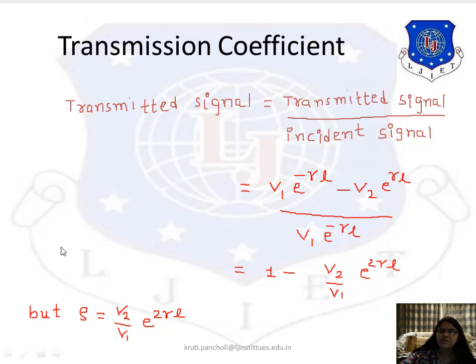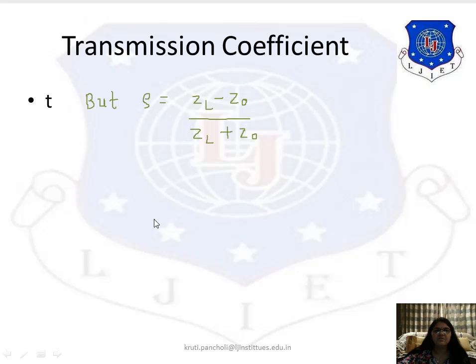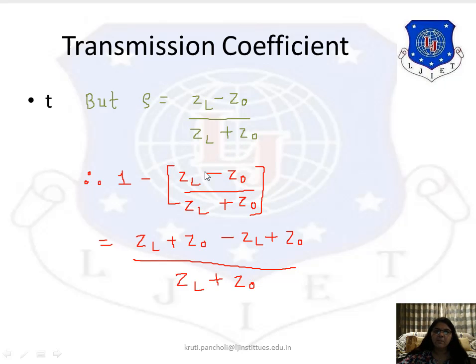the reflection coefficient term, so we are just putting the value over here. Or if somebody has given the reflection coefficient value and you want to find the transmission coefficient value, then the transmission coefficient is always 1 minus the reflection coefficient. The reflection coefficient rho is equal to ZL minus Z0 upon ZL plus Z0.